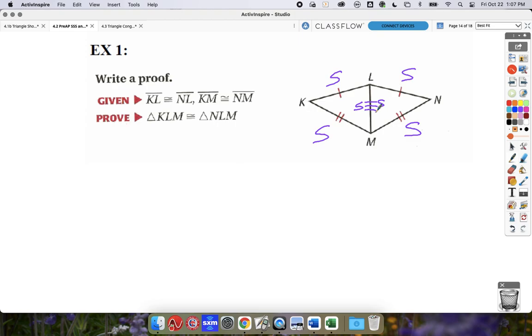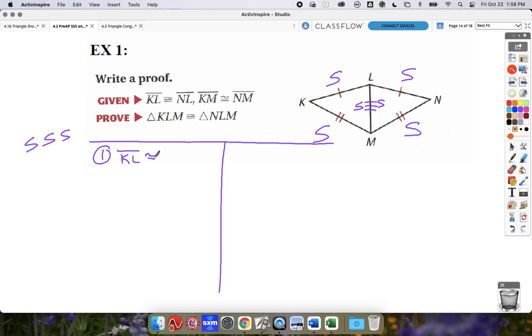So step one, I want to use the SSS shortcut. That's my goal. Line KL is congruent to line NL. Why is that true? Given. Can we just put both of them on the same one? If you want, but the reason I separate them is for this reason right here.